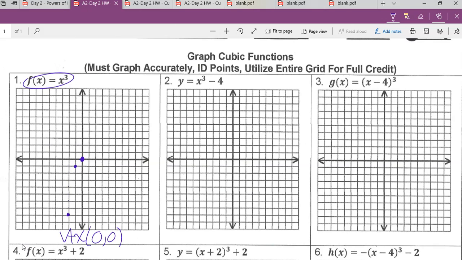Then I have a point at 1, 1. And then my next point is at 2, 8, 1, 2, 3, 4, 5, 6, 7, 8, right there. Now, I'm going to make my graph. Make sure you make it a curve at the vertex, and then I'll draw my arrow points. And there's my first example. Our vertex was indeed at 0, 0.